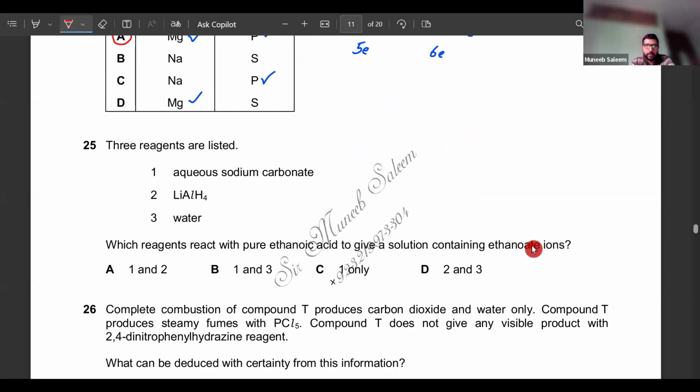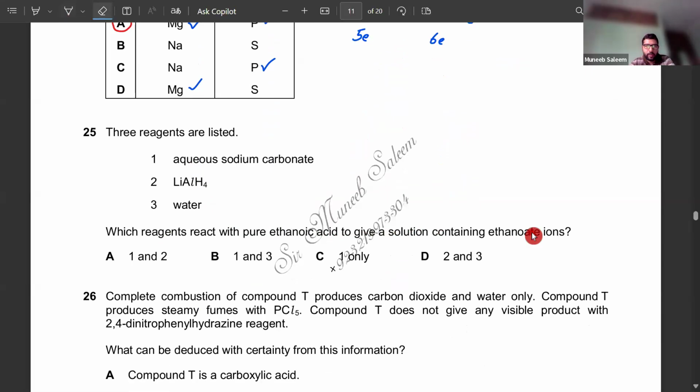Now the reaction of sodium carbonate with ethanoic acid is something like this: Na2CO3 plus ethanoic acid, CH3COOH, shall produce CH3COONa plus carbon dioxide plus water.